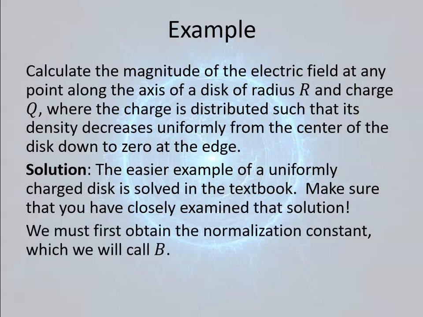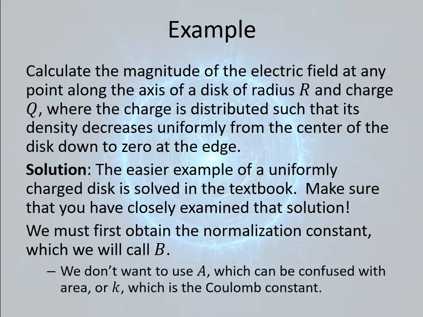But in any case, the first thing, since it's a non-uniform charge distribution, is we're going to need to find out what is the proportionality constant, the equality between our conceptual understanding of this charge distribution and the actual surface charge density.